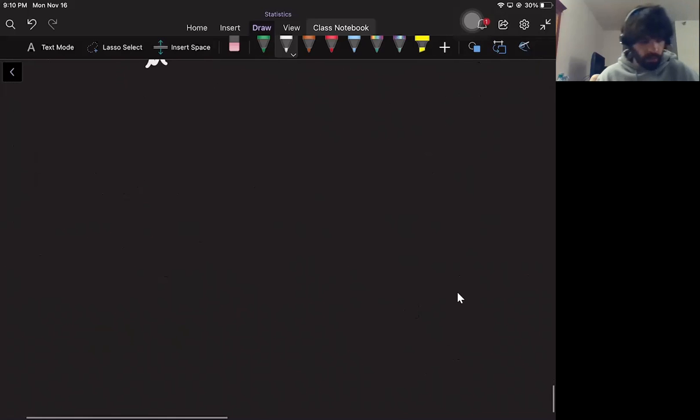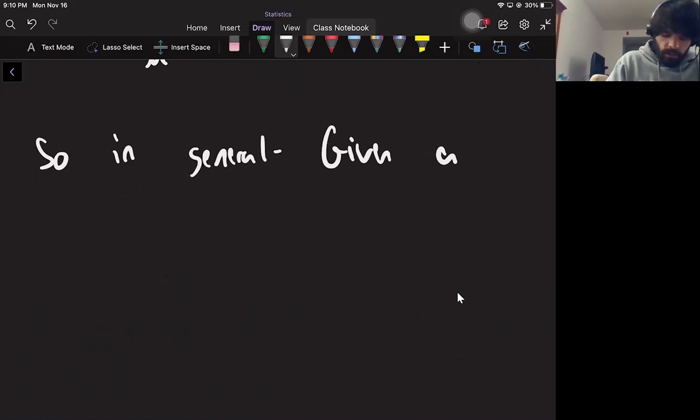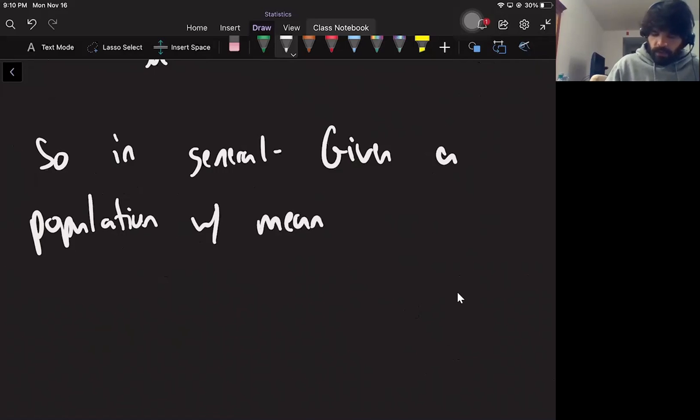So we're going to introduce lots of fancy notation later, but let's jump into examples. But I guess I should say this just to summarize. In general, if you have a population, in the beginning we're going to start off knowing the mean, mu, and the standard deviation.